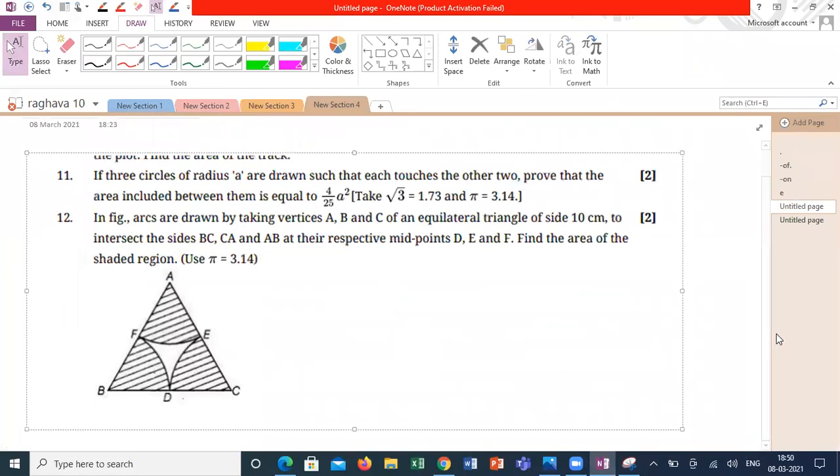First, do the 11th question. Three circles of radius A are drawn such that each touches the other. Prove that the area included between them is given. So I can say this is a figure.